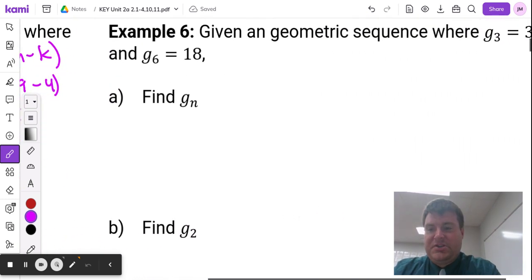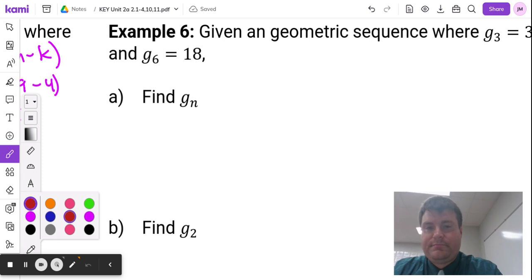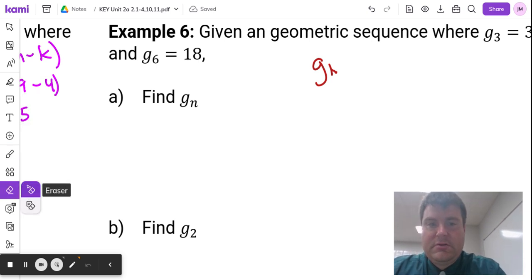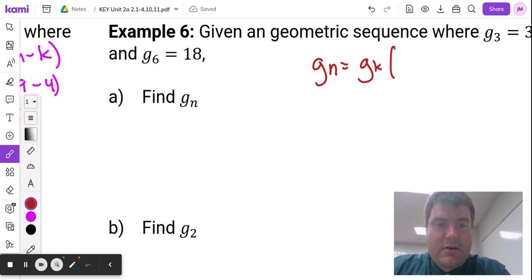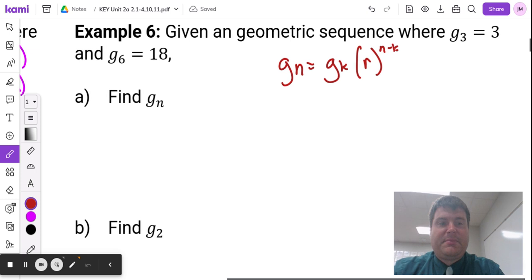Same idea. Now let's go ahead and do the geometric one. So g sub n is equal to g sub k times r to the n minus k. Okay, so for this one, I'm given g sub 3.